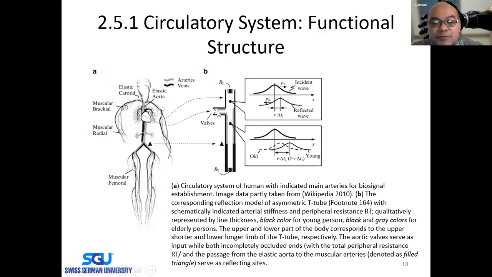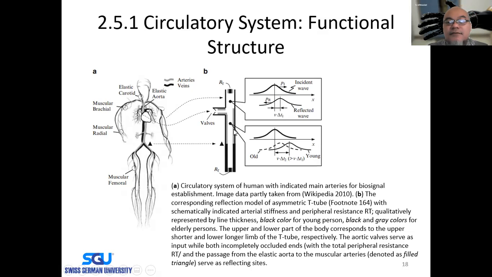This serves as the input, while both incompletely occluded ends have the total peripheral resistance RT, and the passage from the elastic aorta to the muscular arteries, denoted as the filled triangle here, serves as the reflecting sites.